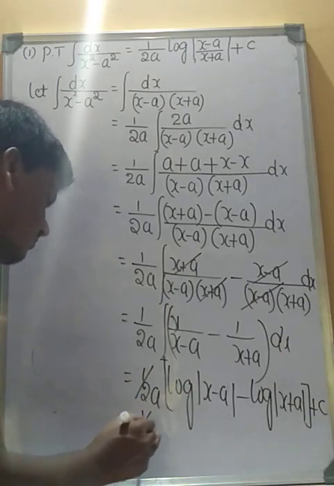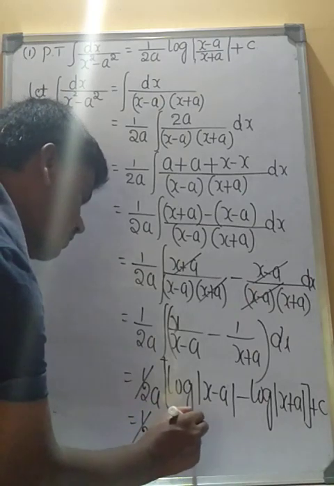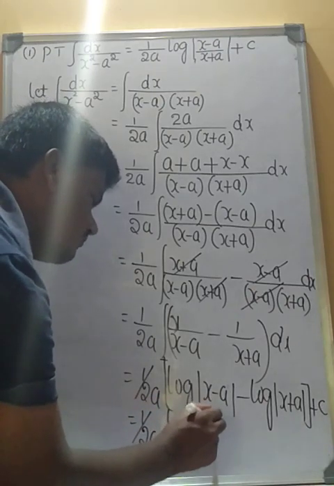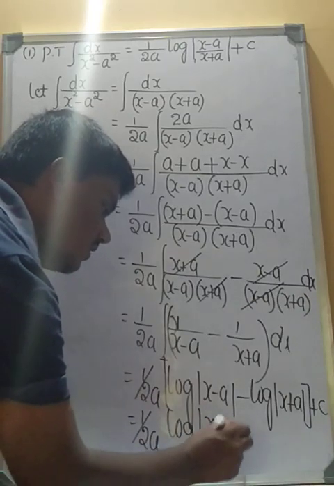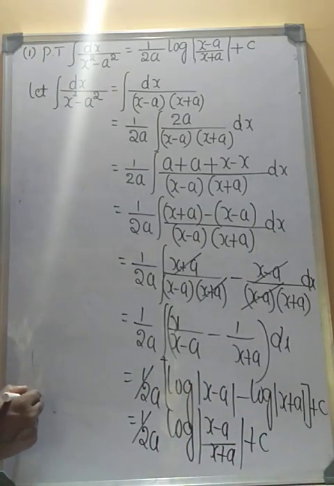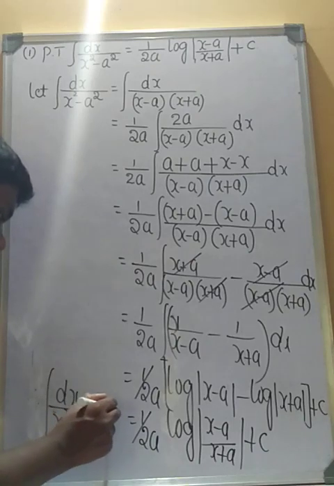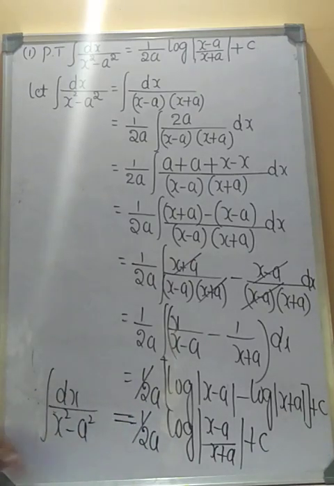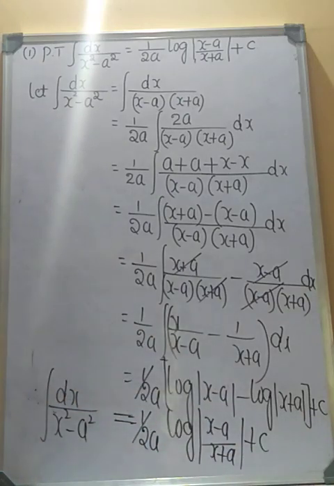That equals 1 divided by 2a into log of mod x minus a divided by x plus a plus c. So therefore integral of dx divided by x square minus a square equals 1 by 2a into log of mod x minus a divided by x plus a plus c.